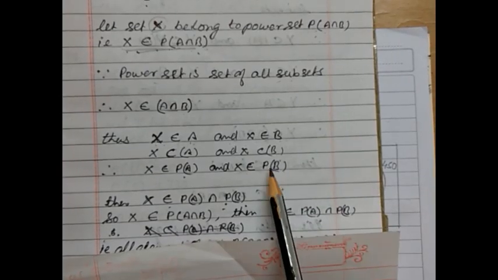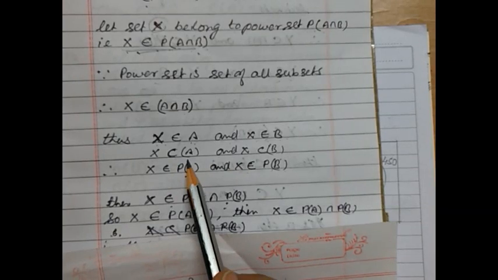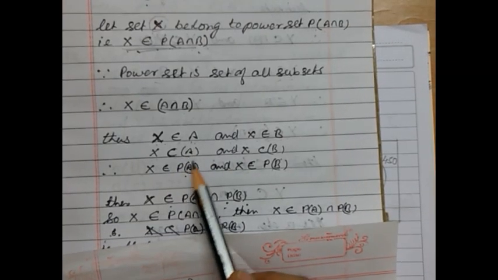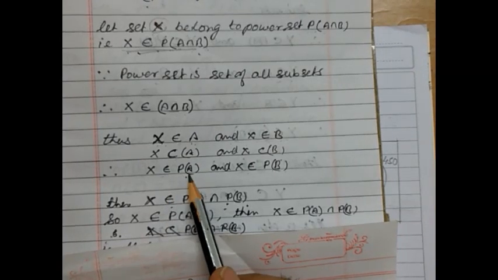I hope you are getting it or not. When we say X is a subset of A, whatever elements are in set A, X will belong to the power set of A, or not?